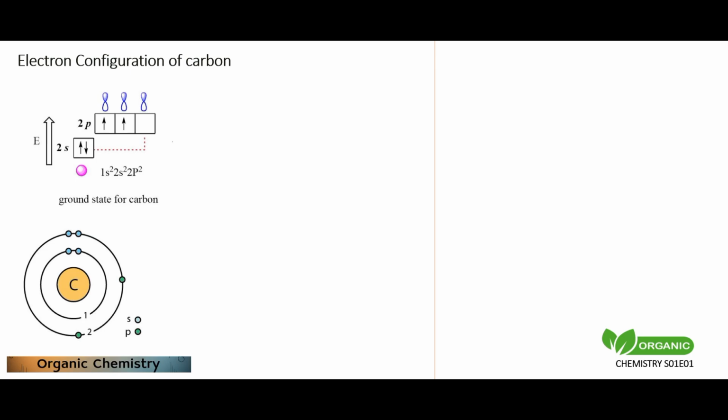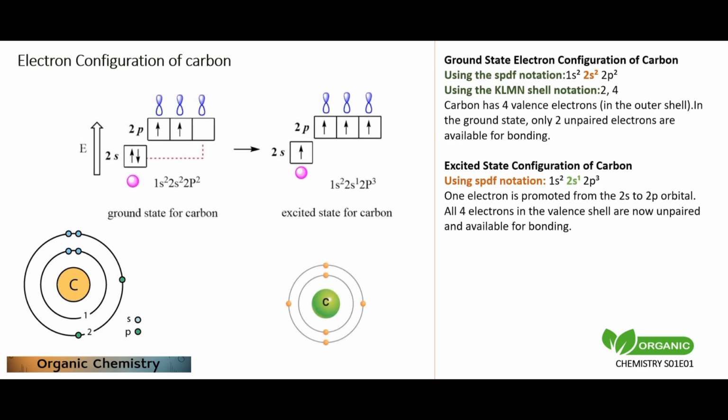But it reveals that there are only 2 unpaired electrons in the p subshell. This electron configuration is said to be the ground state electron configuration of carbon. At the excited state of carbon electron configuration, we have 1s2, 2s1, 2p3. This is because one electron was promoted from 2s to 2p subshell.